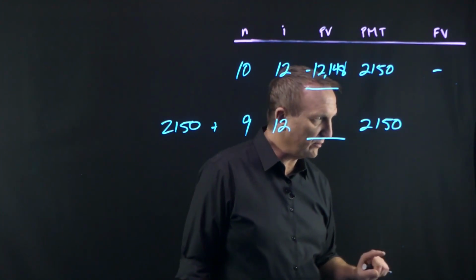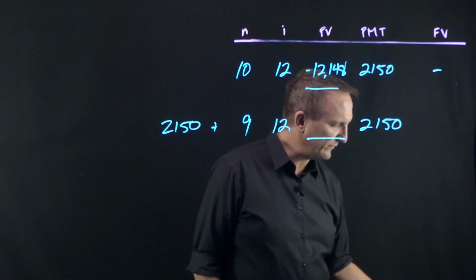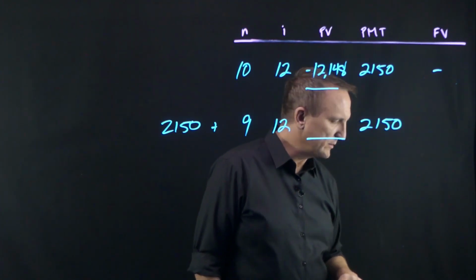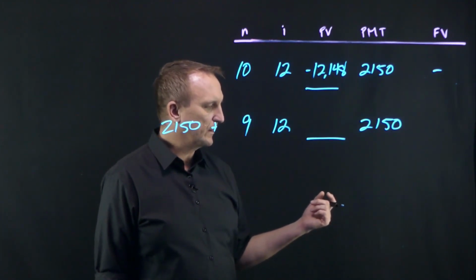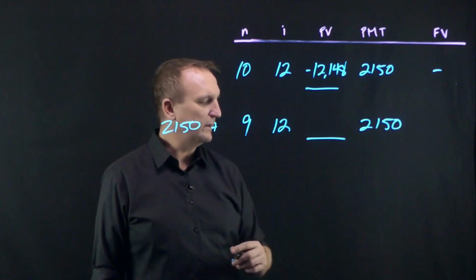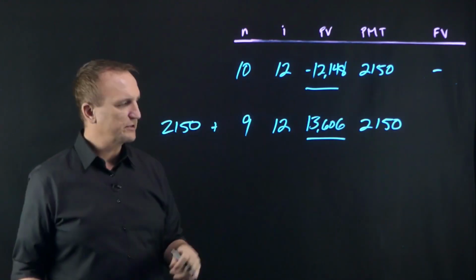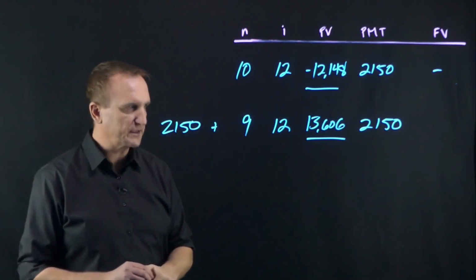But then remember, we also have that $21.50, which was not compounded. So we just get that back. So effectively, we're going to pay $13,605.74.